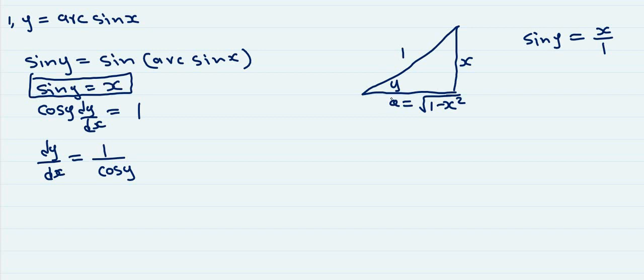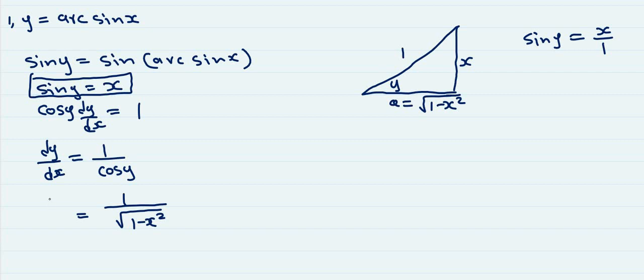I get cos y as adjacent over hypotenuse, the square root of 1 minus x squared.